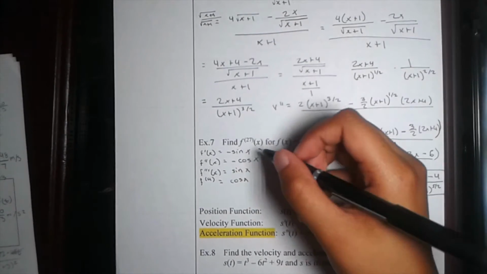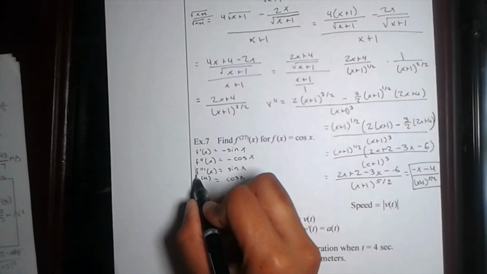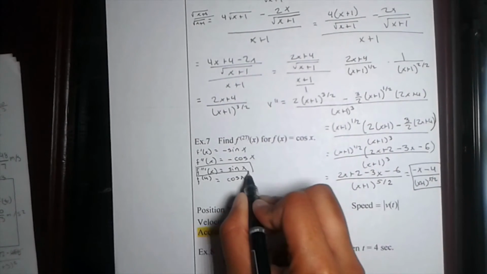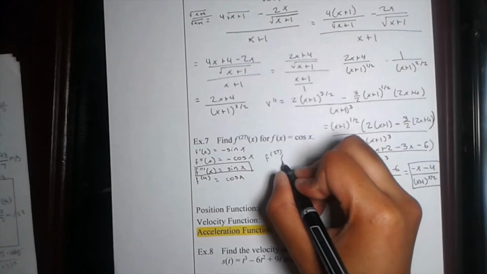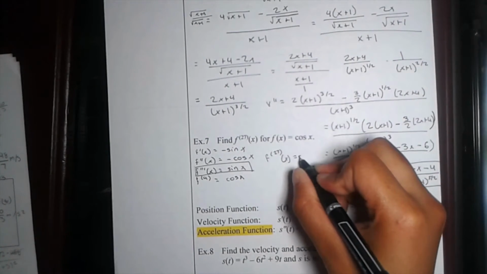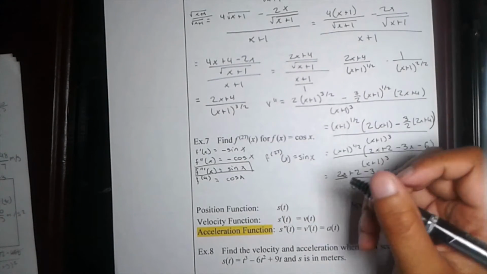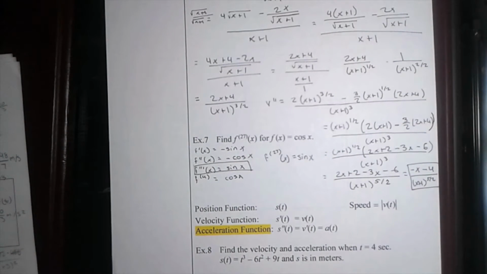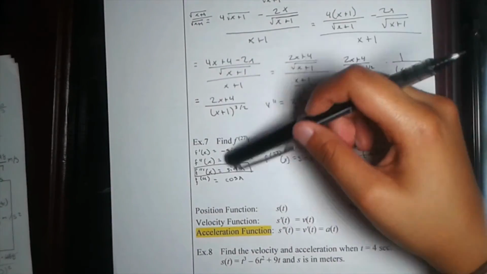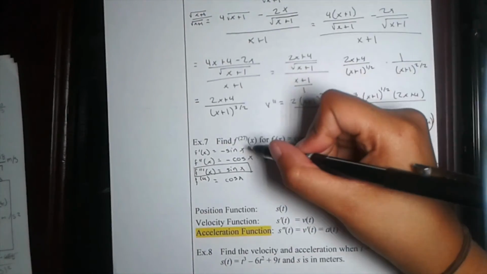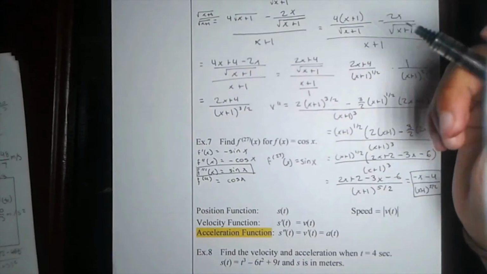And so 3 more after that is this. So f of 27 of x is sine of x, because there's six times it's going to go through all the way, and then after the sixth time we go down 3.